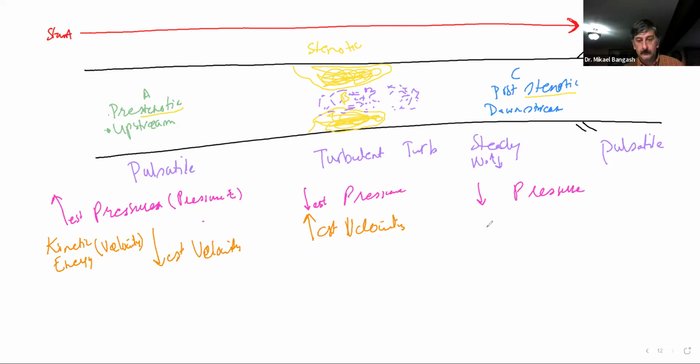And here, yes, we will have a greater velocity, a velocity that's going to be greater than what we had pre-stenotically, but not as high as what we had at the stenosis. Did you guys get that?